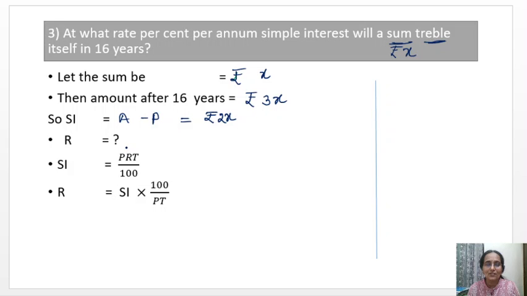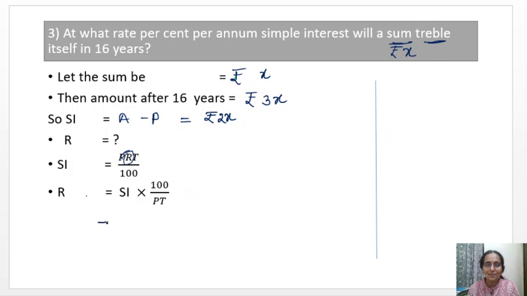Now you have to find out R. Write the formula for simple interest first. Simple interest equals PRT by 100. You have to find this R. Then transpose PT to the other side. Simple interest into 100 goes to the numerator, and P and T go to the denominator, according to the simple transposing rules.